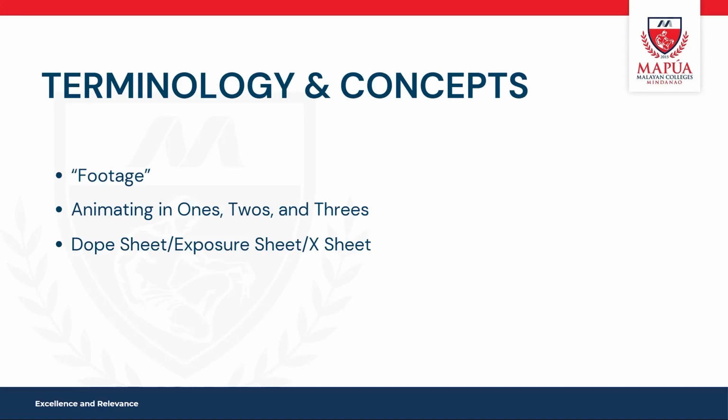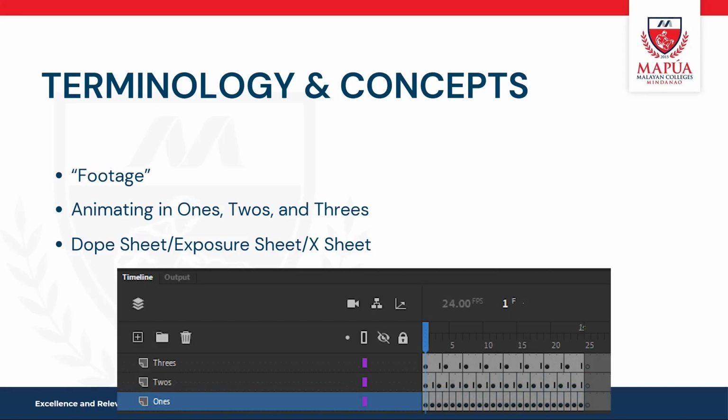That's incomplete. When you animate in twos, you animate every second frame. With each instance that you have to animate again, or when you have to expose the frame again, you have to show 2 frames. Same concept with animating in threes. So you animate every 3 frame gap, and then you show 3 frames.